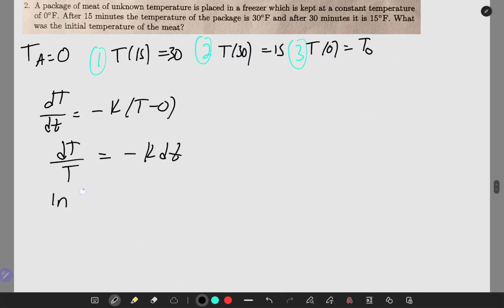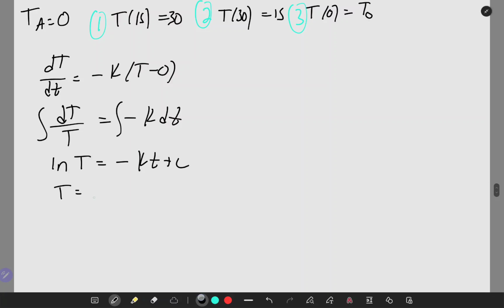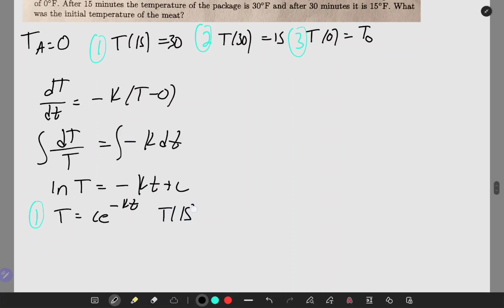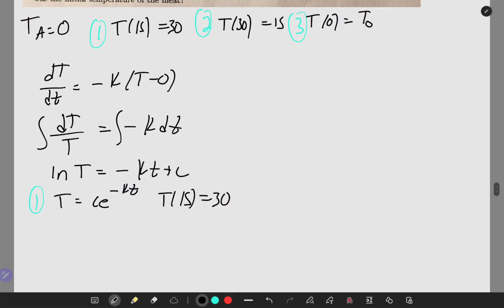That's the natural log of T is equal to, oh right, because I integrated both sides, negative Kt plus C. Exponentiate both sides, that says T is equal to C e to the minus Kt. This is our first equation, where we have T of 15 is equal to 30. Let me just make sure I'm not making any mistakes here. Yep, that's right.